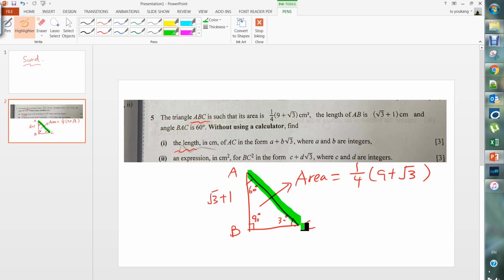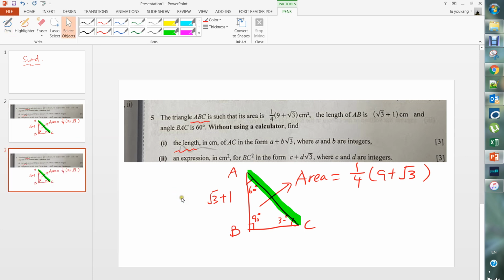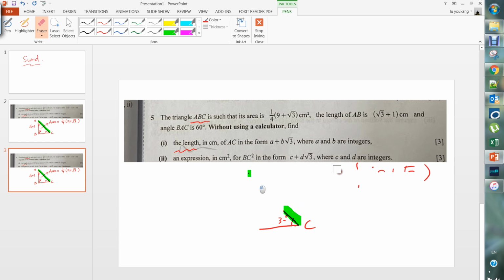With this question, I think you have to know that there are actually two formulas to find the area of a triangle. Let me erase this first.